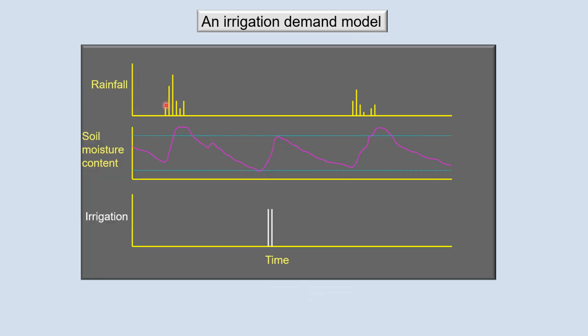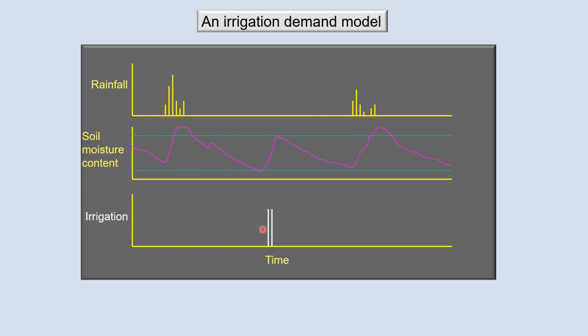This top plot shows rainfall as a function of time. This purple plot shows the water level in the store. It falls, then it rains. The soil moisture store fills up, overflows, runoff takes place. Slowly it empties. At this point we reach the lower threshold.